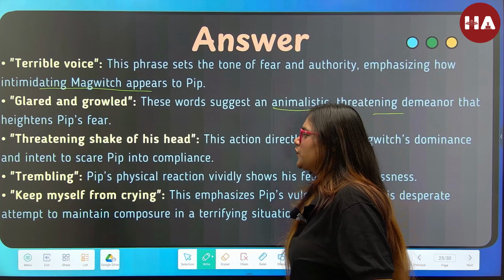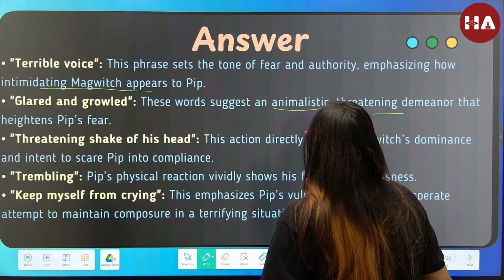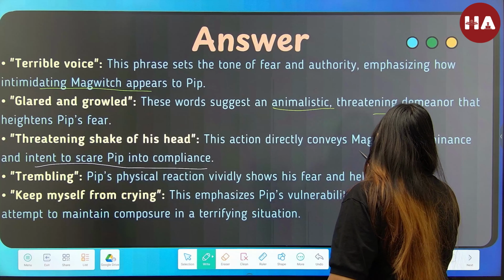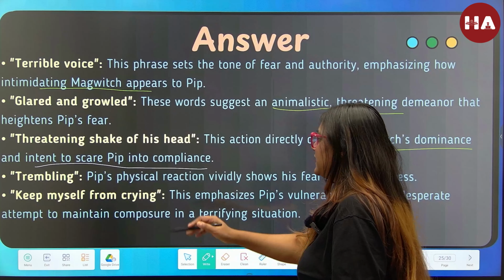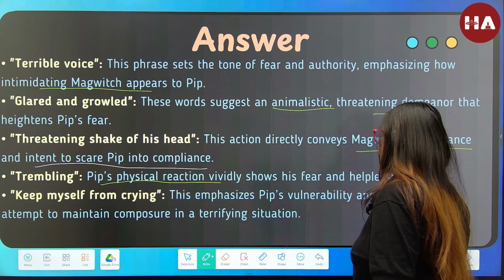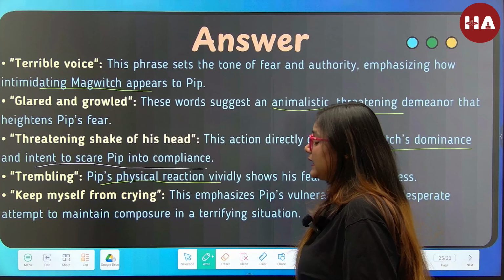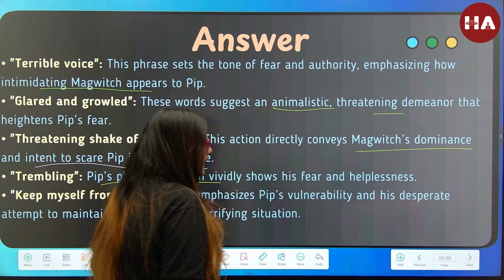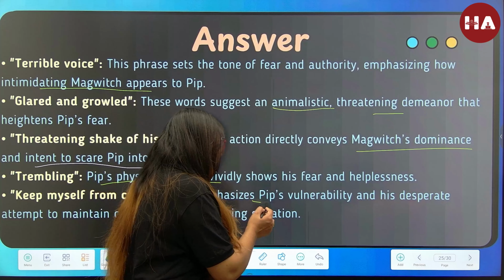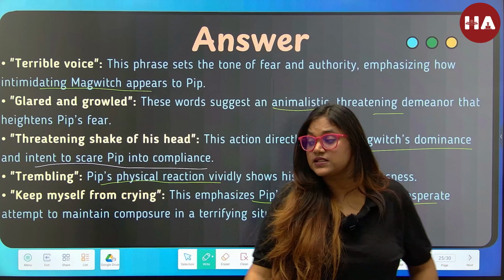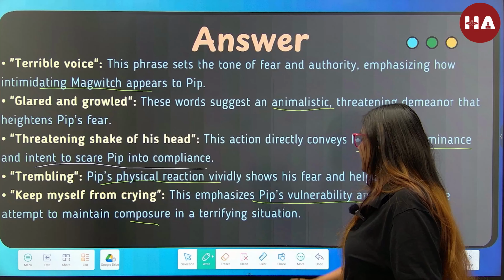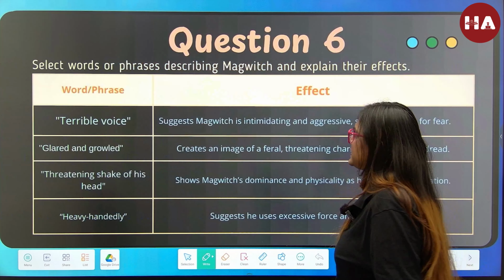The threatening shake of his head is again intended to scare Pip into compliance, showing Magwitch's dominance. Trembling is Pip's physical reaction, which vividly shows his fear and helplessness. Keep myself from crying again shows Pip's vulnerability and his desperate attempt to maintain composure in a terrifying situation like that. Let's see the next one.